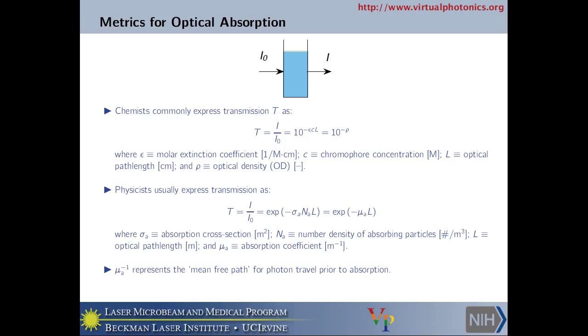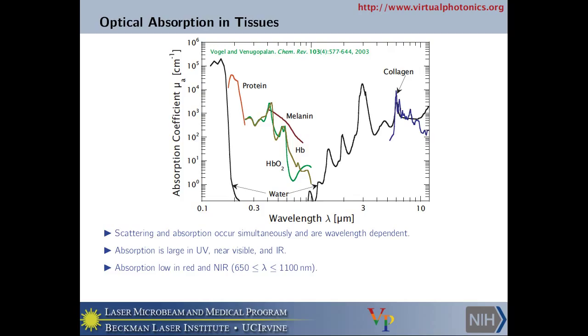And here, mu a is just a product of this absorption cross-section and number density. But if you want to convert from one to the other, from epsilon to mu a, you have to multiply or divide by the natural log of 10, which is an important factor. It's around 2.3 or so. So that's important to not make an error.